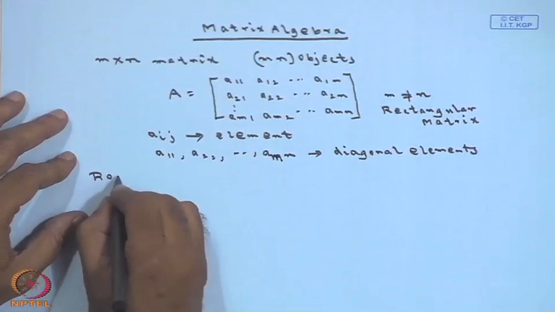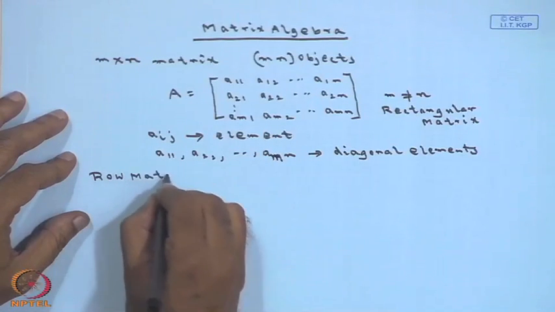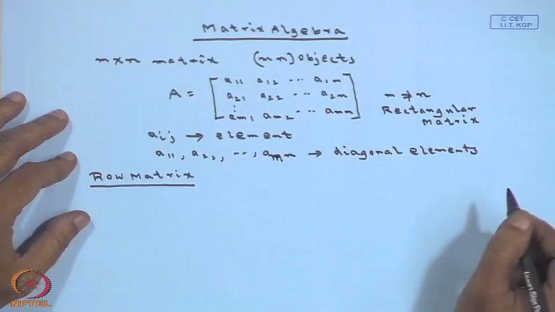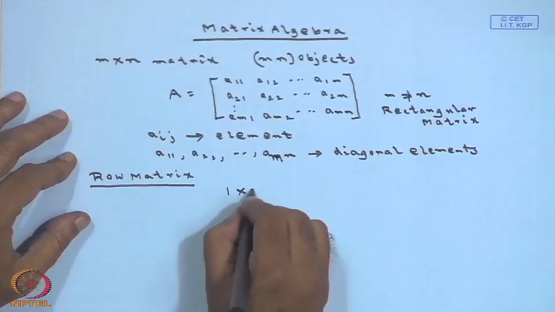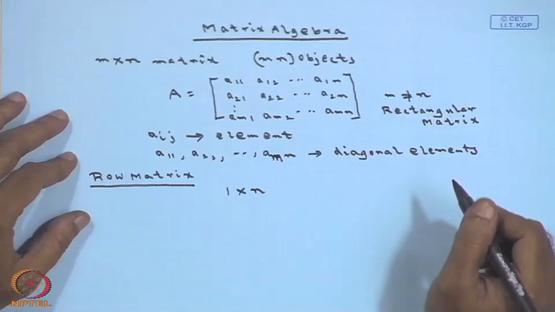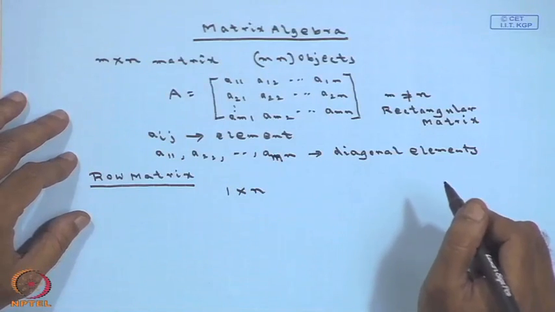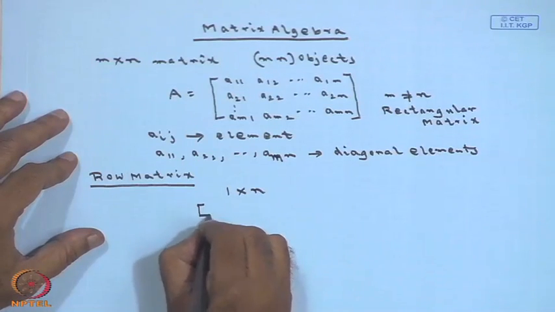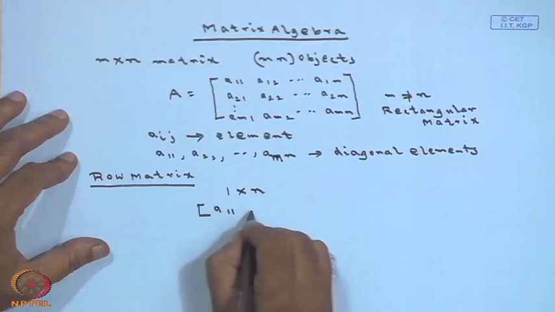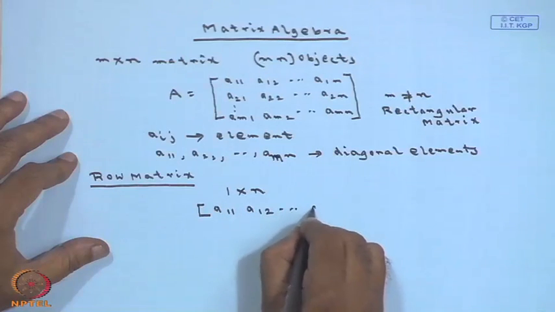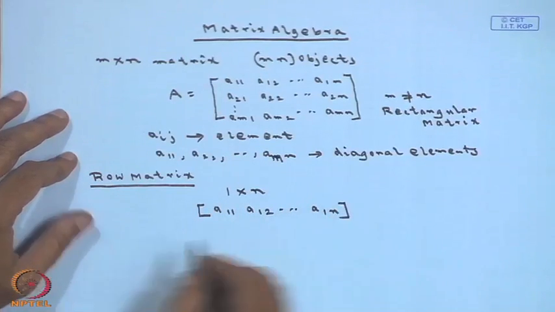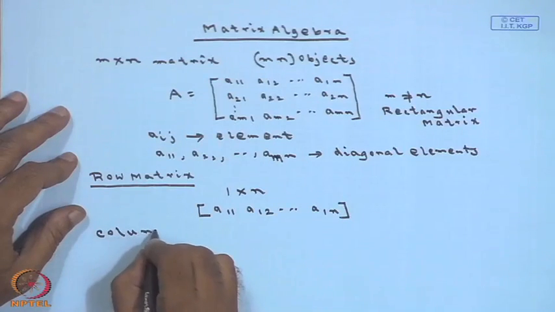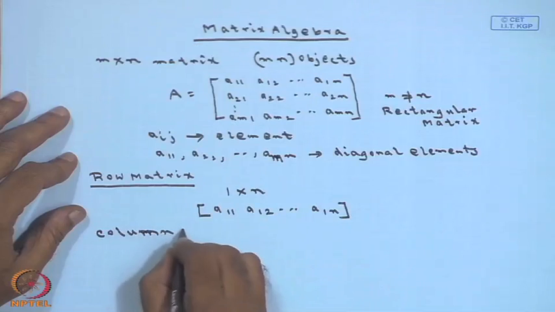Now, some definitions. A matrix of order 1 cross n, that is 1 row and n columns, we call a row matrix, and we write it as A11, A12, up to A1n. Similarly, you can define the column matrix.